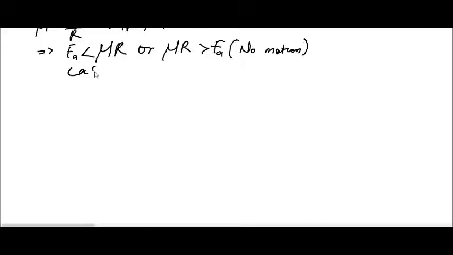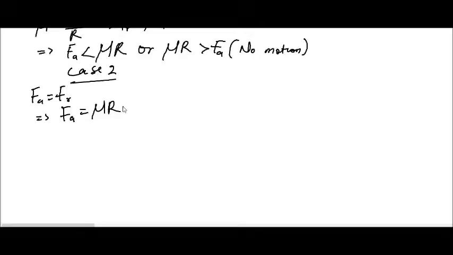So in this other case, I call it case 2. Now in this case, if the applied force is equal to the frictional force, this implies that applied force will now be equal to mu R. So if applied force equals frictional force, what will happen?